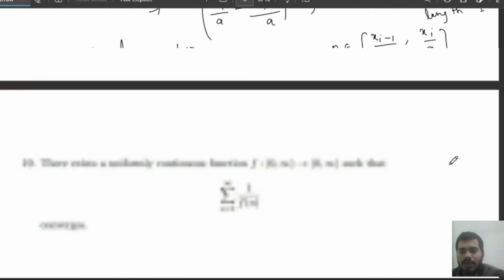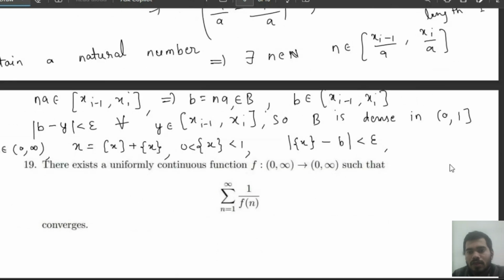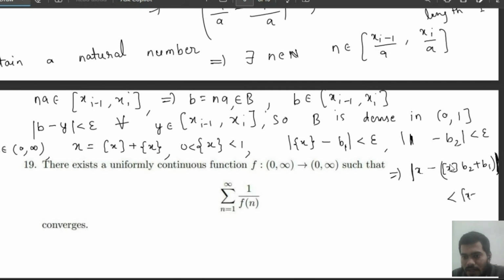Since xk equals 1 and that belongs to one of those intervals, there will exist some b again, call it b1, and there will exist some b2 such that 1 minus b2 is less than epsilon, and then it will imply x minus b2 plus b1, and this b2 plus b1 is an element of b again, because it is a sum of two elements of b, is actually less than epsilon plus this.